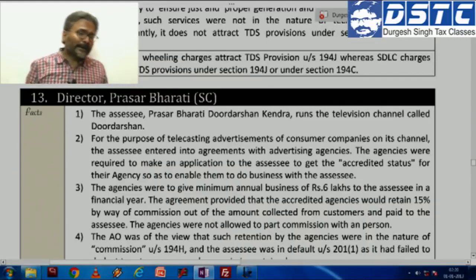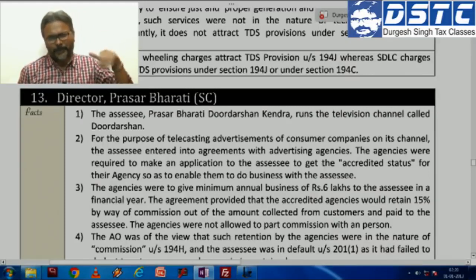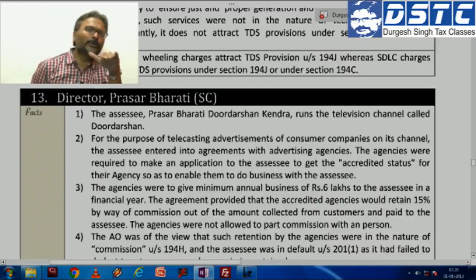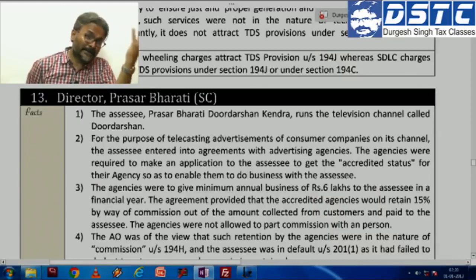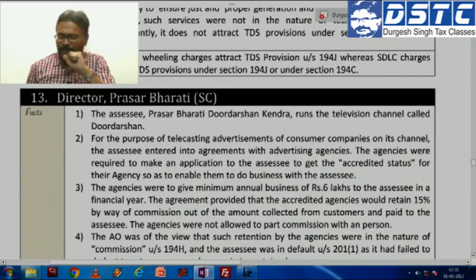So in this context, students, in this Director Prasar Bharati's case, the company which was there, primarily the SSC, okay, if you want me to do a further analysis of that particular newspaper thing, I'll do that first and then come back to this one.